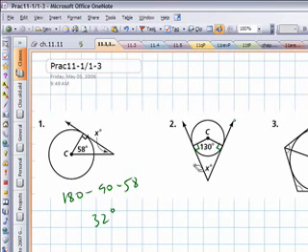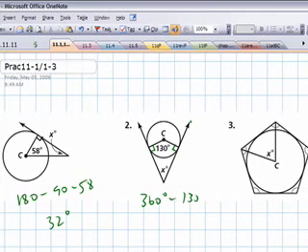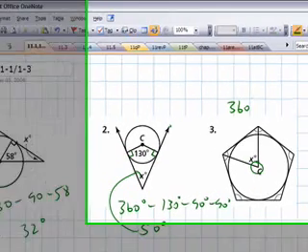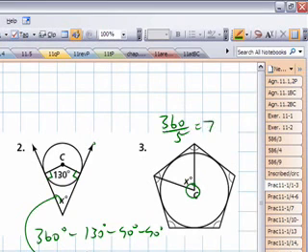In any quadrilateral, there's 360 degrees, so 360 minus 130 minus 90 minus 90, and that's going to be then 50 degrees for x. And then for this problem, all these lengths will be the same, and so there's 360 degrees around any point, so that angle will be 360 divided by 5, which will be 72 degrees.